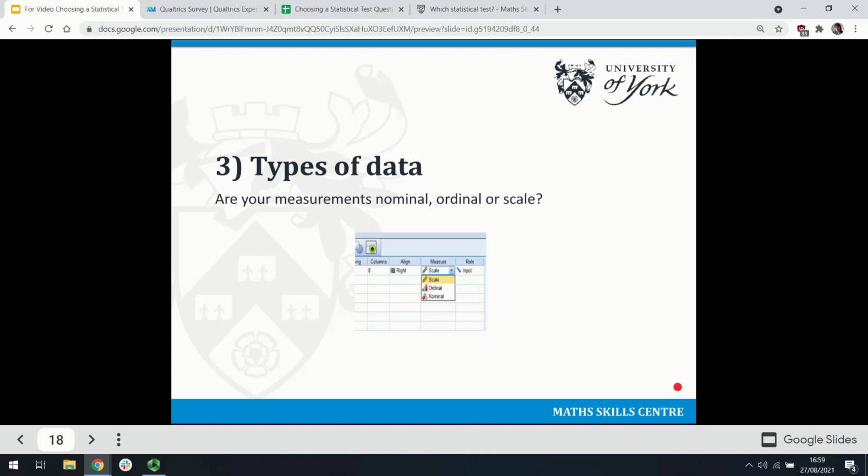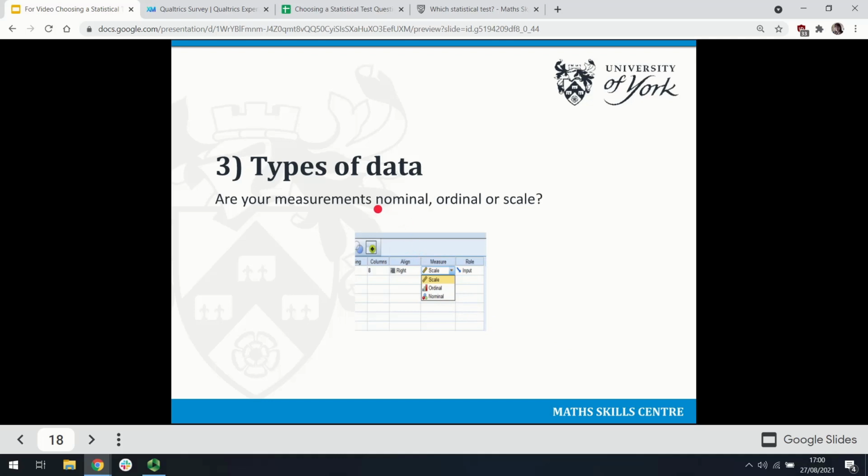The third thing you need, and I would say that this is probably one of the most important things to consider when you're choosing the stats test, is the types of data. If you're an SPSS user, you might be aware of these types of data which come under measure in SPSS.